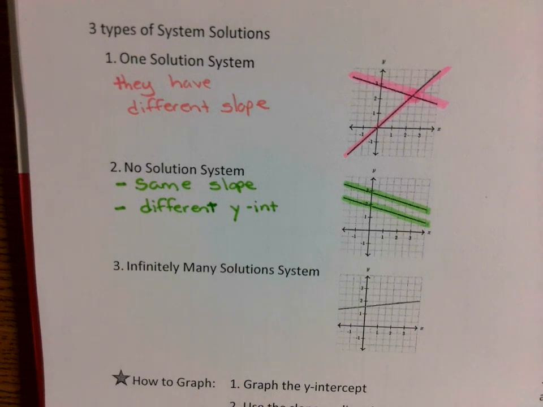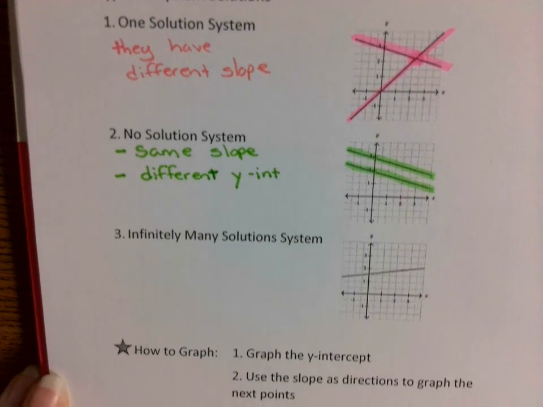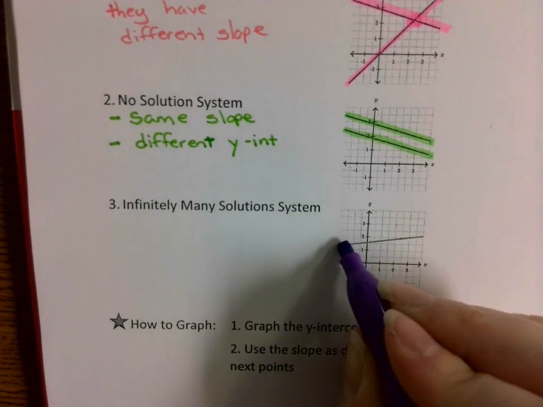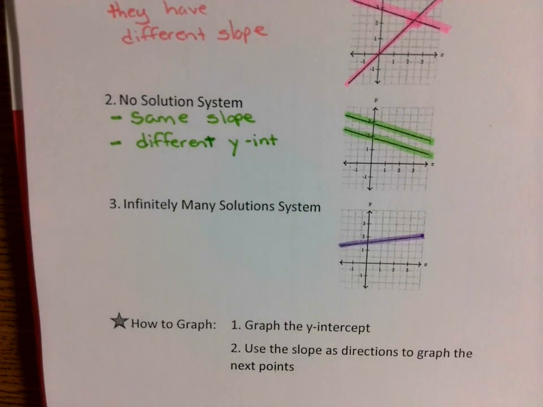And then you have infinitely many solutions. So when you're looking at infinitely many, you only see one line, and that's because for infinitely many, the two equations simplify to being the exact same thing.